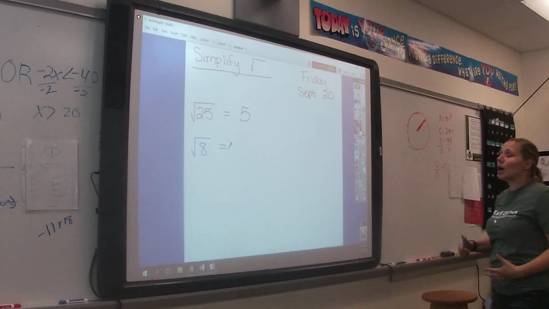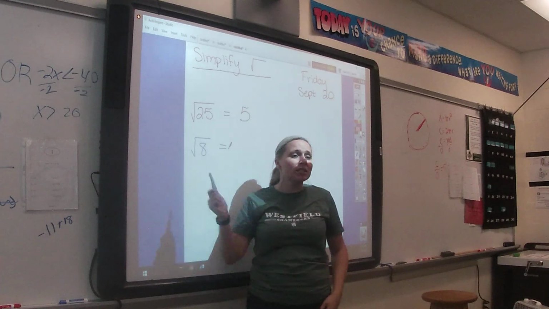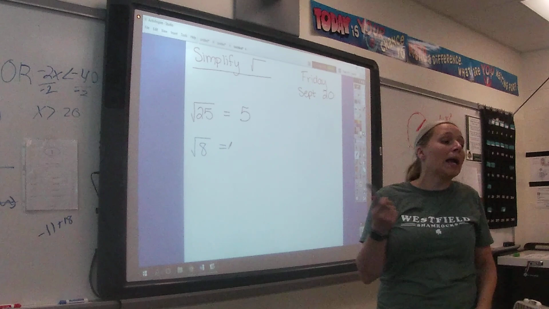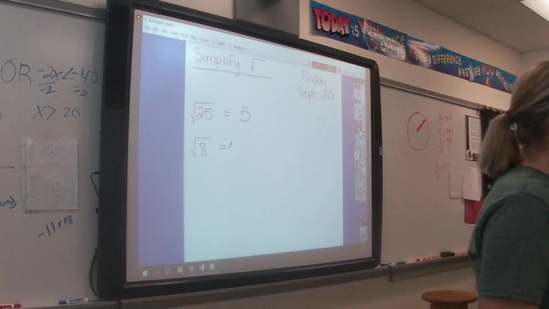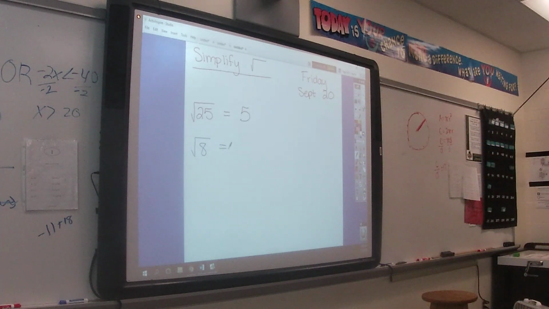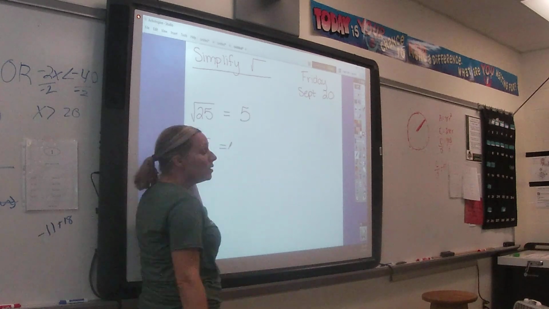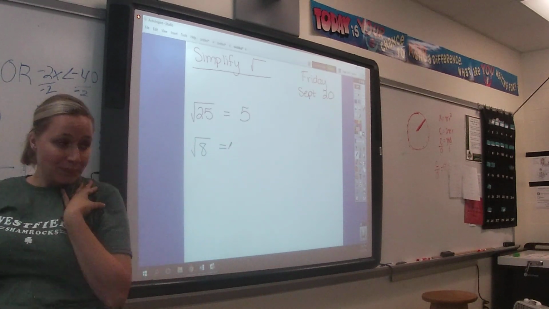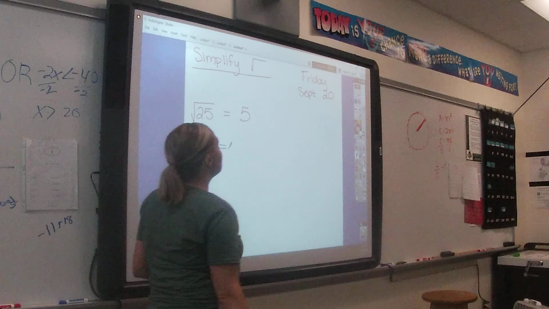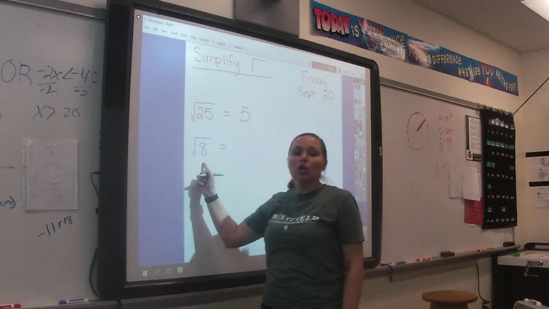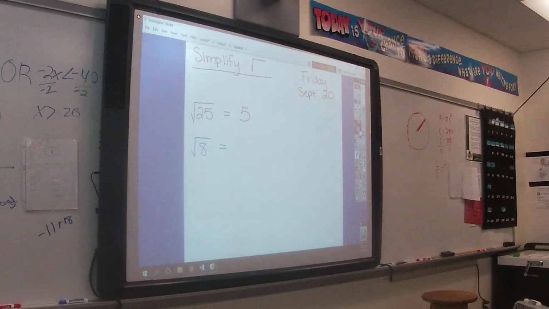So today we're going to talk about how we can deal with these square roots in their exact form in the simplest way possible. Obviously, we are not going to continue to talk about the square root of 25. We would turn that into 5. The same thing is true for any type of square root. When we are simplifying a square root, what is really happening is we are looking for a perfect square that divides evenly into 8.